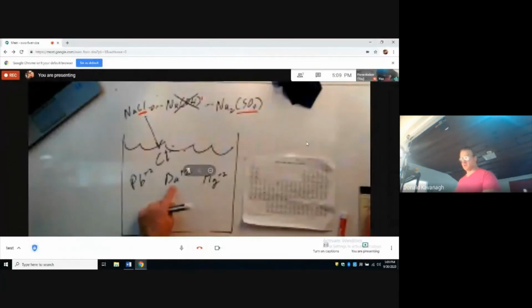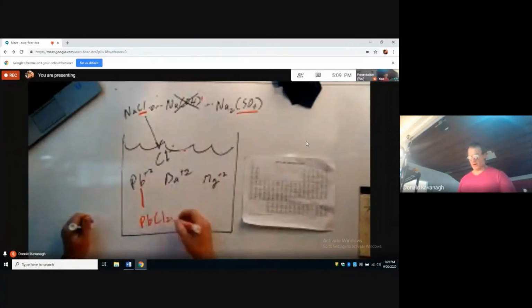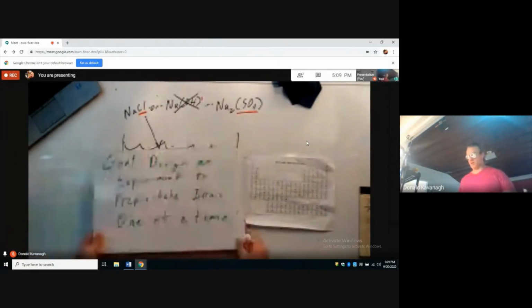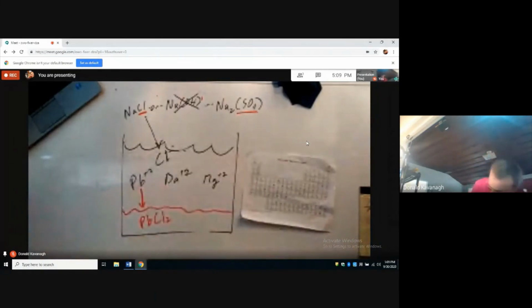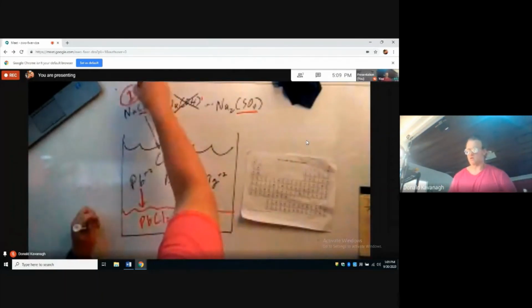So these would remain in solution, and only lead chloride would crash out and form a white powdered solid at the bottom. This fits our goal of having only one ion at a time precipitate out in solution. So this would be our first salt to add.